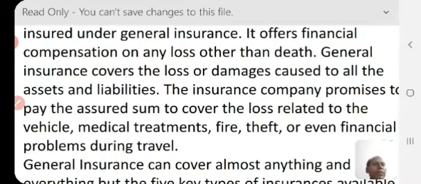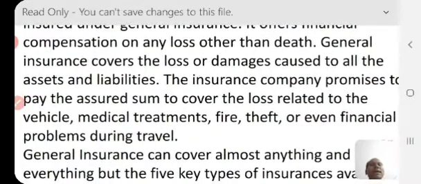For example, we have insured for 5 lakhs, but the machinery is worth 10 lakhs. We can claim only 5 lakh rupees, because even though the value of the machinery is 10 lakhs, we have done the insurance on only 5 lakhs. So, it covers assets and also liabilities.